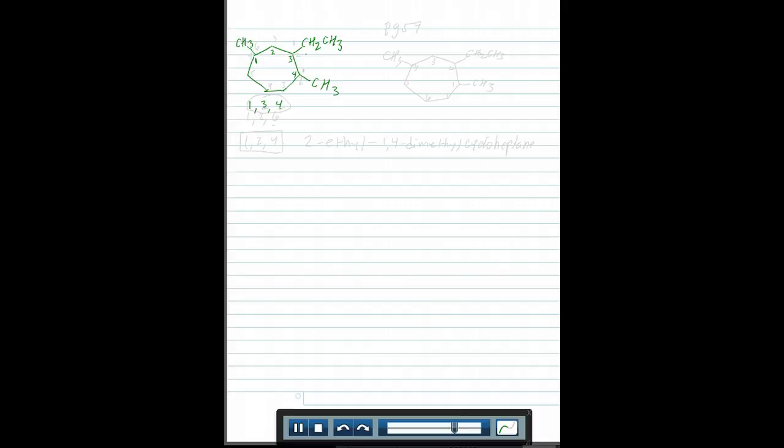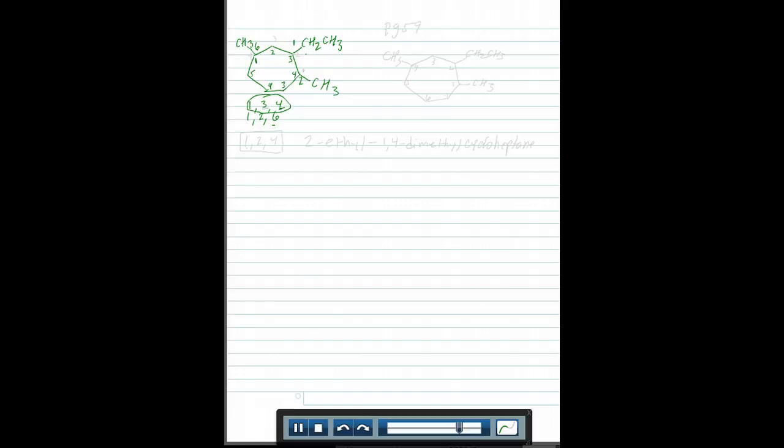If you have more, then you have to do the lowest number. So that gives me a 1, a 3, and a 4. Let's say I start at the ethyl. Let's say we call that carbon 1. Here's carbon 2. Then there's 3, 4, 5, 6. That would be a 1, 2, 6. Well, 1, 2, 6, that 6 is a higher number than 4. So far this 1, 3, 4 is working good.